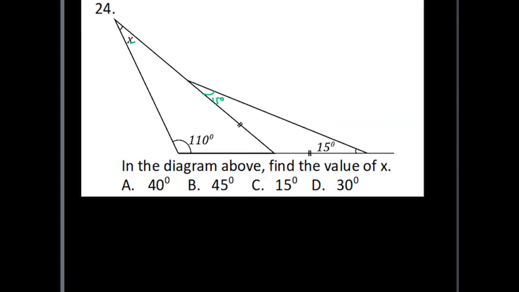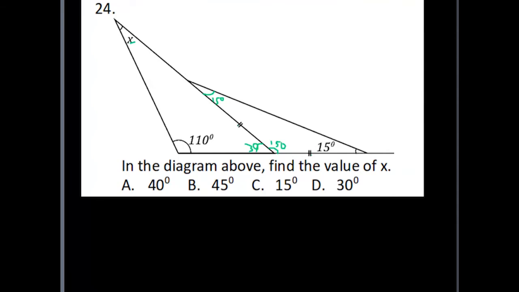From sum of angles in a straight line, 180, 15 plus 15 is 30, and 180 minus 30 gives us 150. This is a straight line where this inclined line cuts. So sum of angles on a straight line is 180, and if this is 150, the remaining angle is 30.